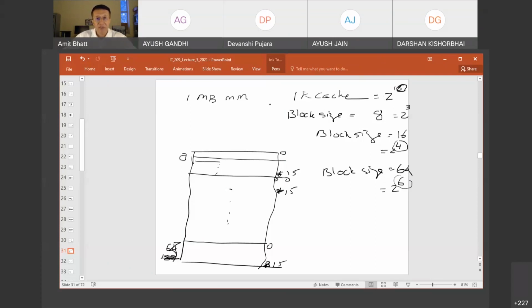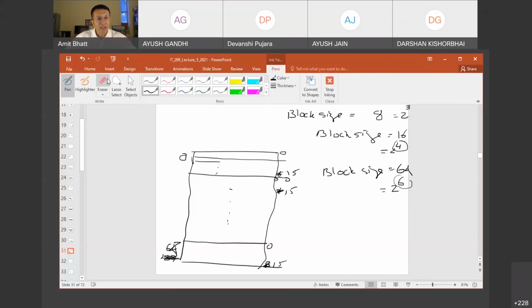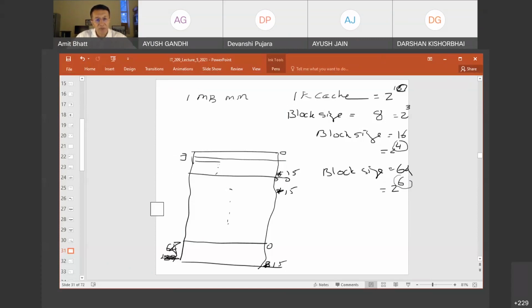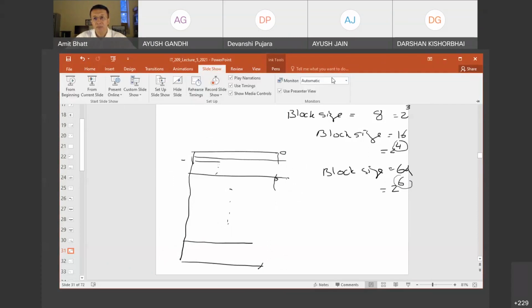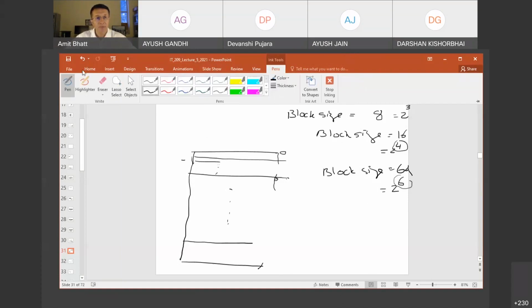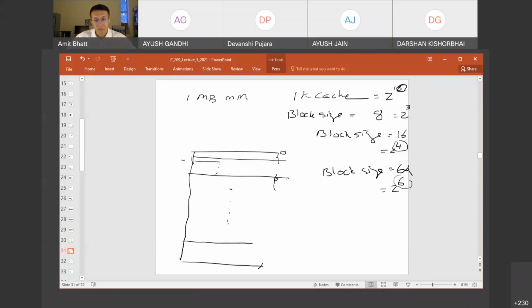So if I change this example, then I will have 0 to 15.